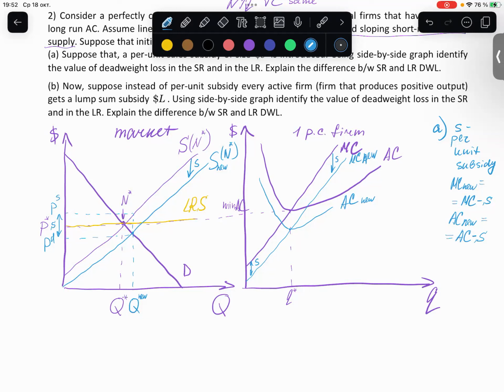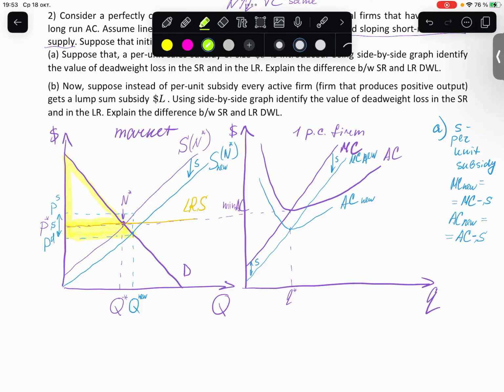So where will be the deadweight losses? I will show and then I will erase. What we know is that the consumer surplus before was like this. And now the price for each buyer decreases, so the consumer surplus increases by this part.